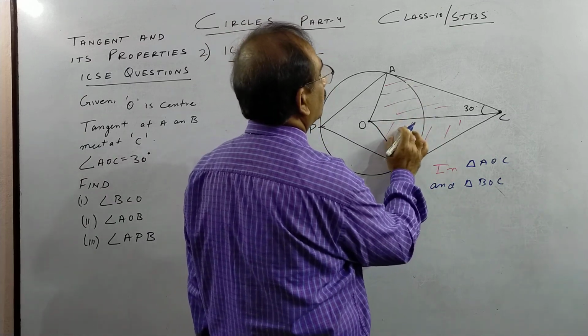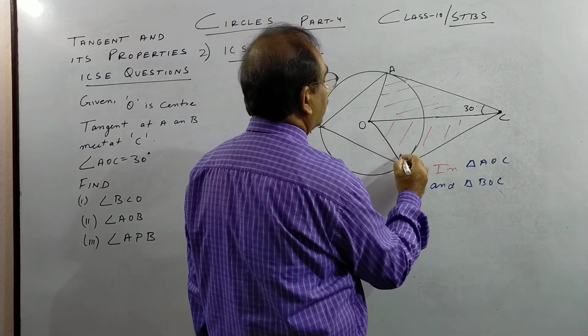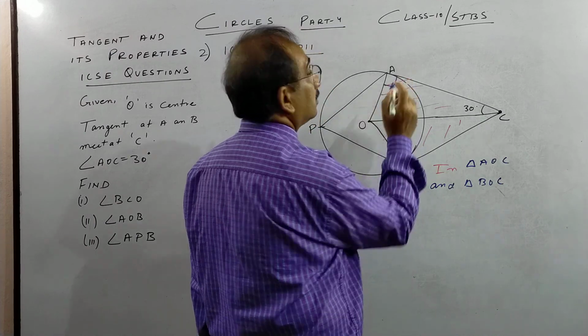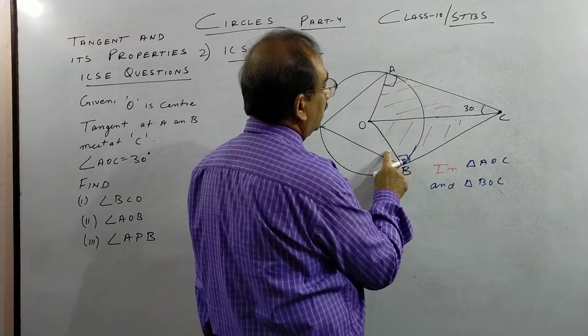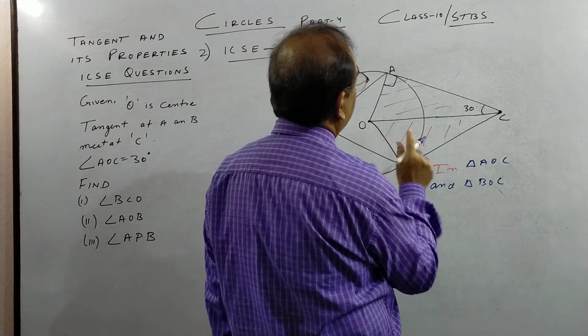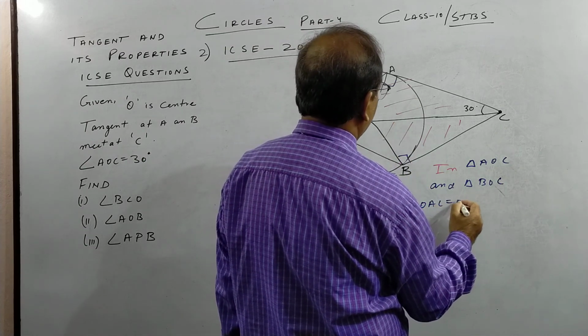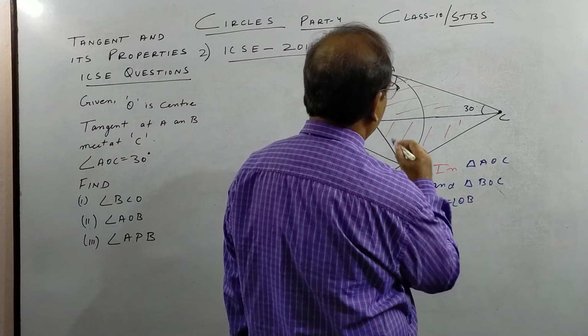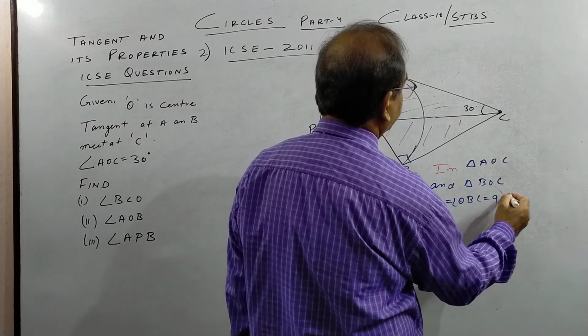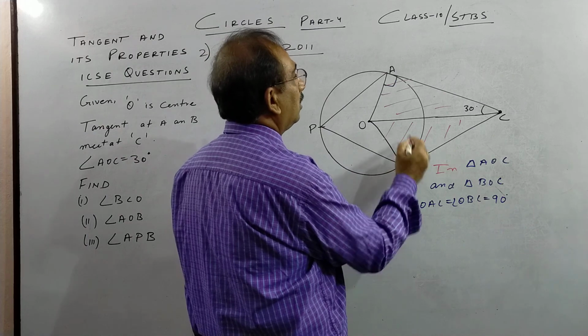See first, RHS rule, in a right angle triangle, tangents make 90 degree. This is the very first theorem. Tangent with radius makes 90 degree. So these two angles are equal. Angle OAC is equal to angle OBC. Okay. So this is R.